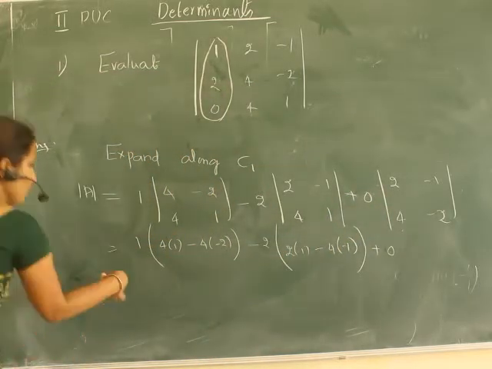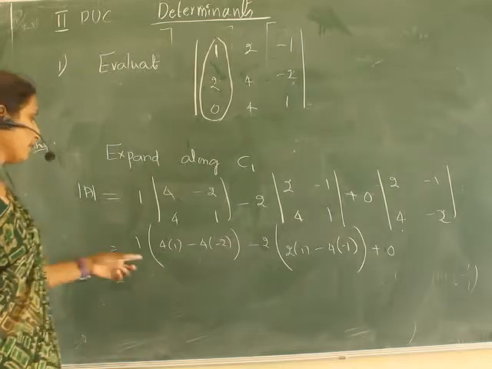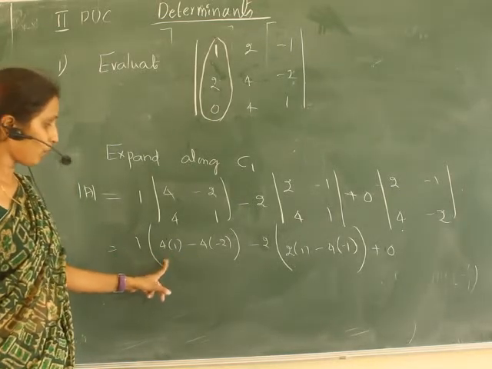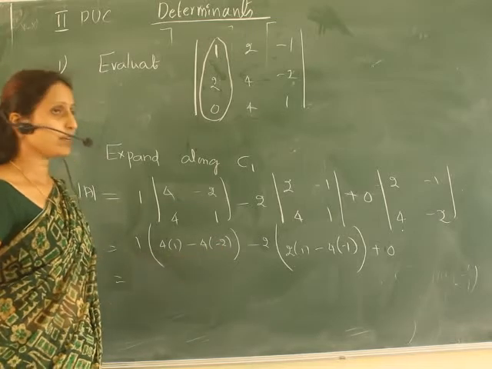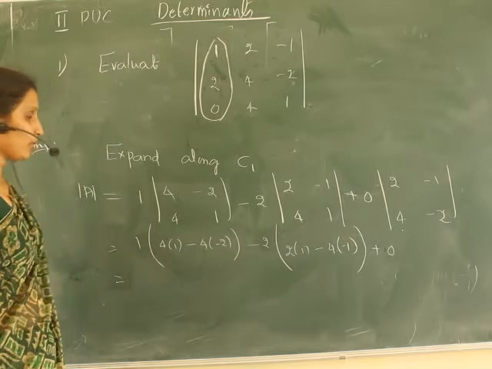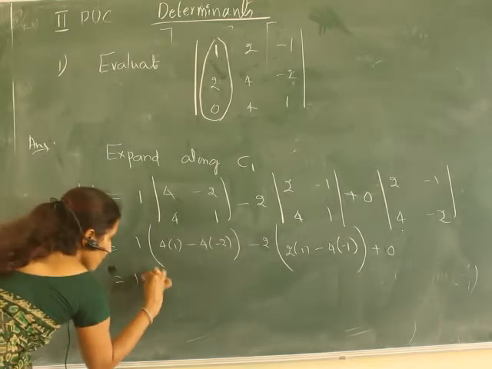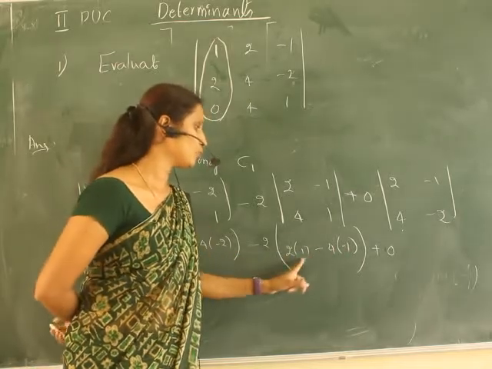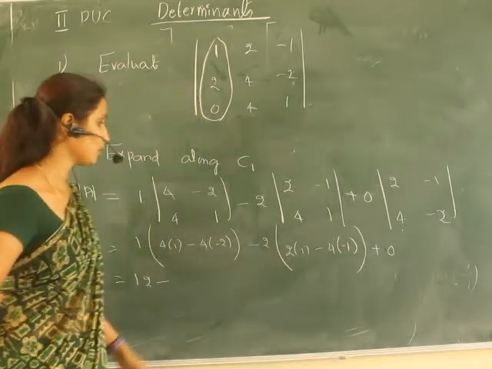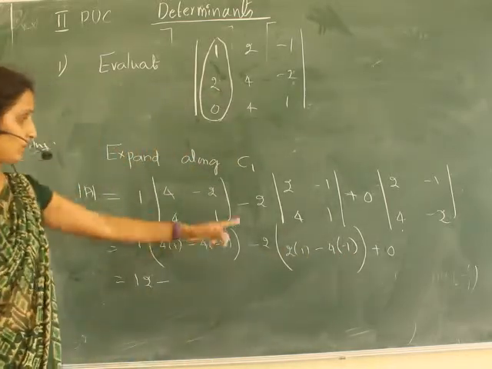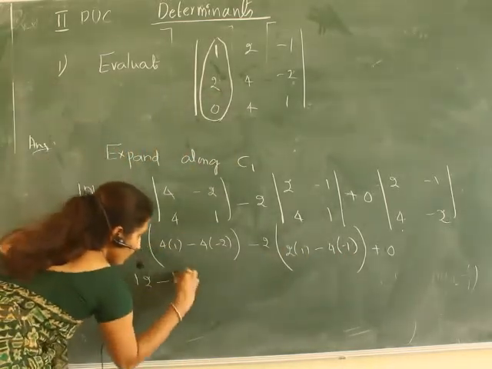So this will be equal to, so anyhow it is 1 into, so 4 into 4 is 4, 4 into minus 2 is plus 8. Plus 8 plus 4 is 12. Minus 2 into minus, plus 2 plus 4 is 6. 6 into 2 is 12.